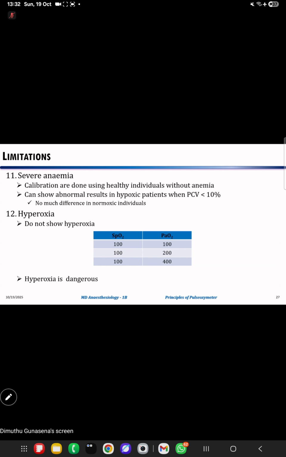So at PaO2 of 100, it will show 100. PaO2 of 200 also shows 100, and even at PaO2 of 400 it shows 100. So hyperoxia is dangerous. It's very important to titrate the oxygen with other measures to avoid the problems of hyperoxia.